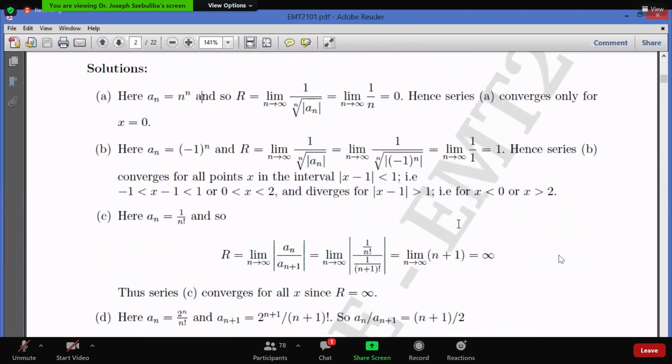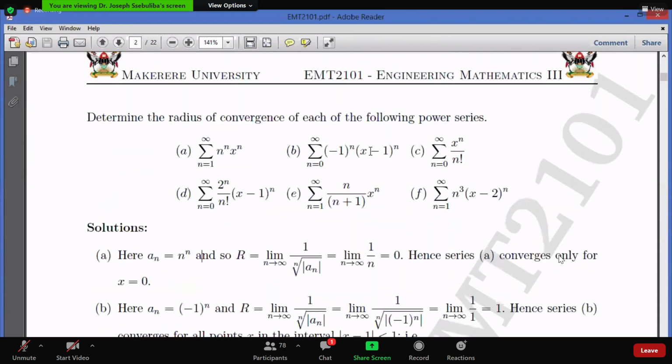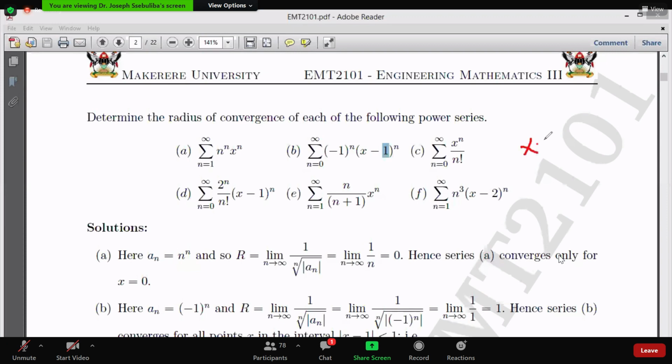In this case, this one was x minus 1, so our x naught was, I've been explaining this, that here x naught was 0. Let me just clarify a few things. I'm really hoping that you are following. By definition, we have x minus x naught to the n.